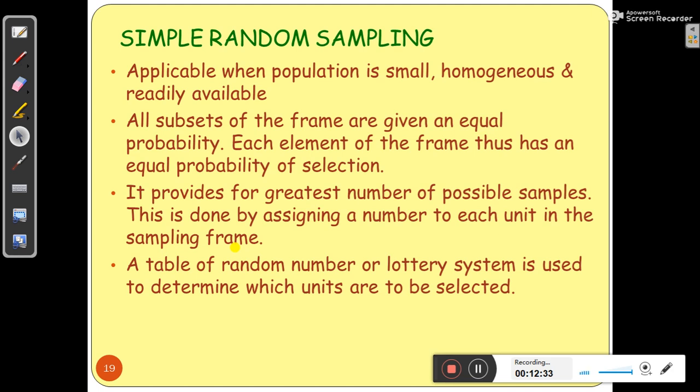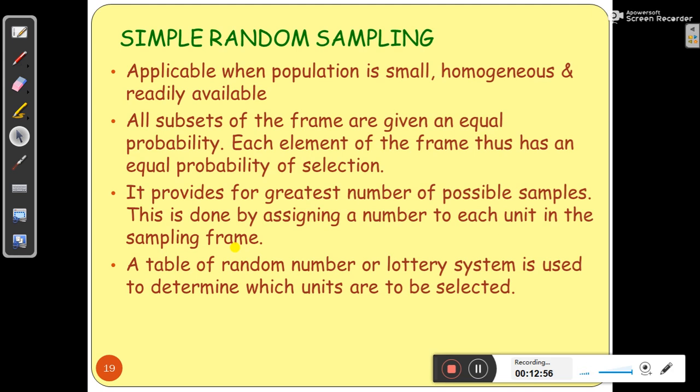Then we can go for simple random sampling. All subsets of the frame are given an equal probability, so each element of the frame has an equal probability of selection.